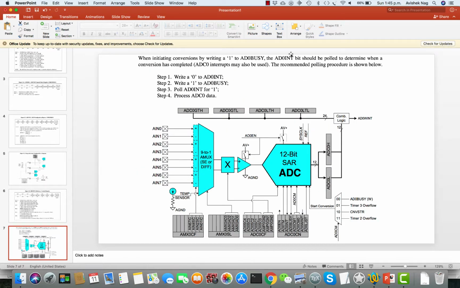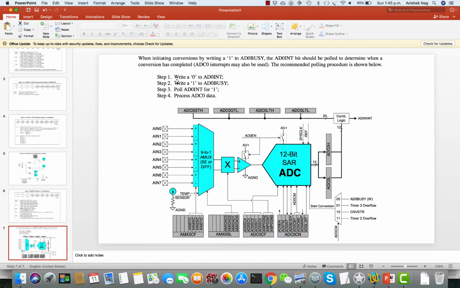you have to poll the ADC0INT bit. So you have to continuously poll this ADC0INT bit to see whether your conversion has finished.